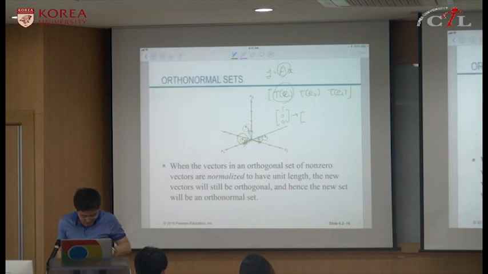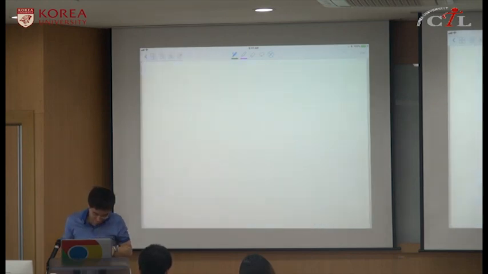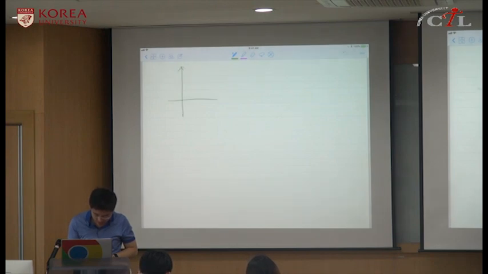So let me give an example. We already studied that in the case of two-dimensional space, if we rotate by maybe 30 degrees, then this 1, 0 will be rotated into this guy, and this guy is rotated into this guy, right?